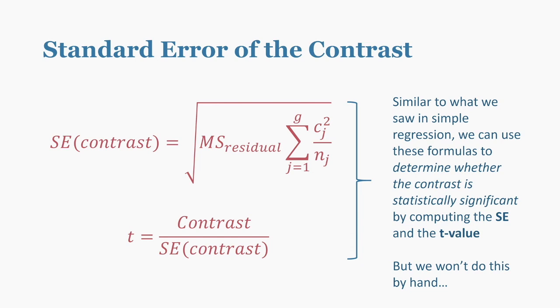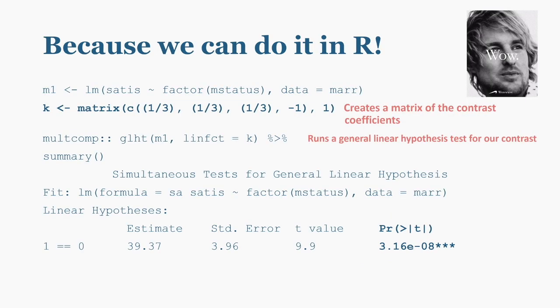We calculate the standard error of the contrast and then divide the contrast by that standard error, and that gives us our t-statistic. But of course, we would never do this by hand, because we can do it in R.